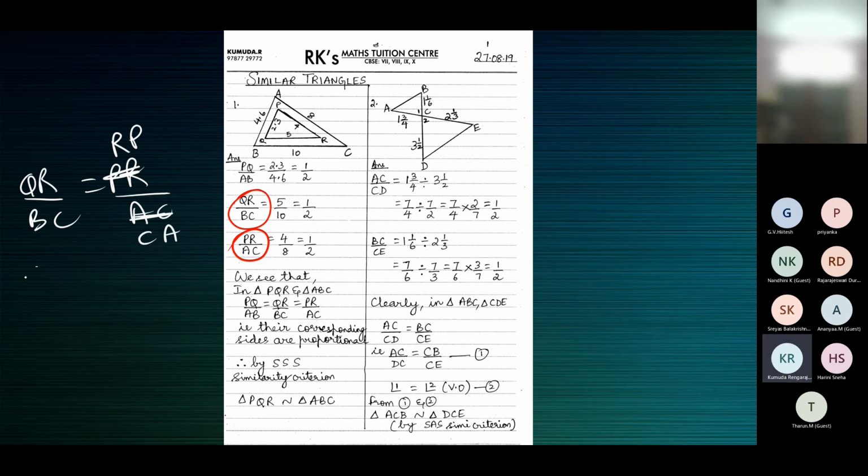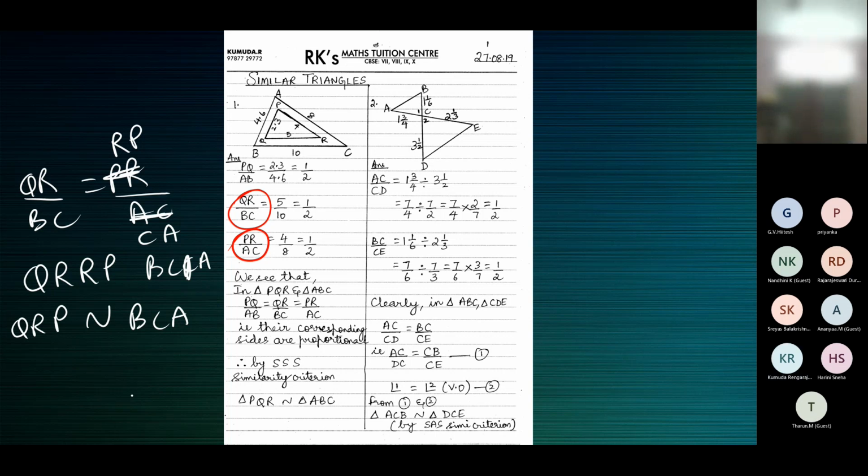So in the numerator, what do you have? QR, RP. So it's QRP. And in the denominator, we have BC, CA, which is BCA. So QRP similar to BCA is also correct. So just take any two ratios and do this, you will get the order.